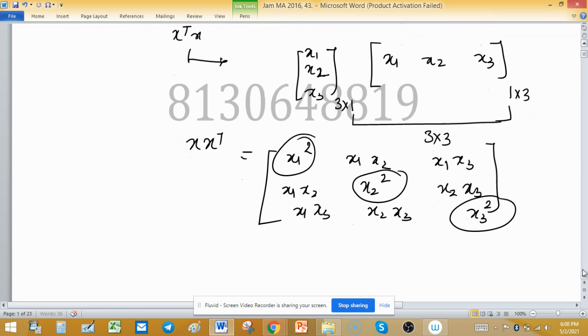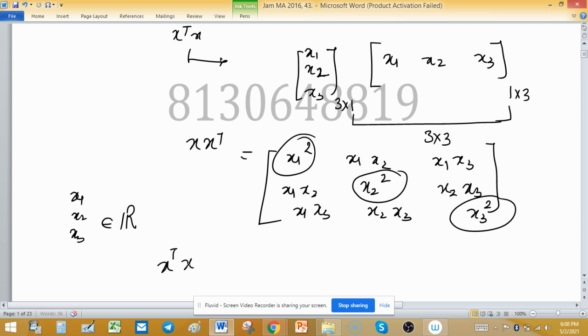Now, as these x1 x2 and x3 are coming from the real set, what is x transpose x?